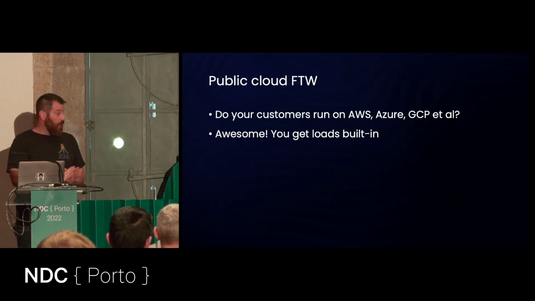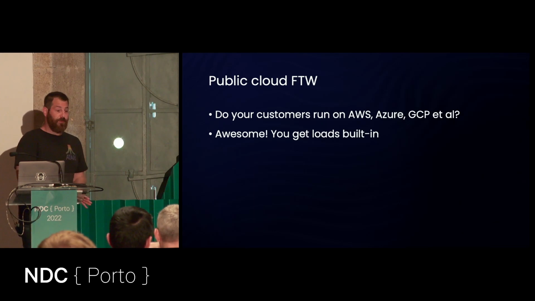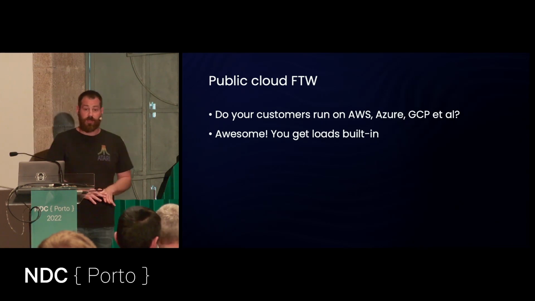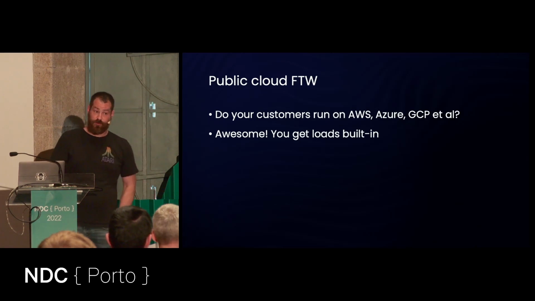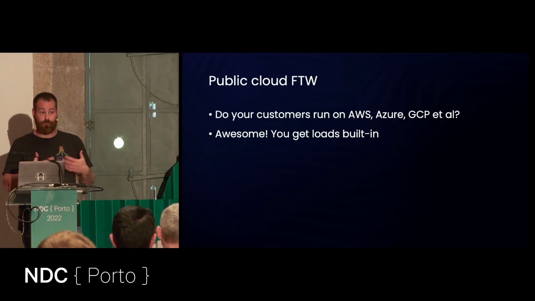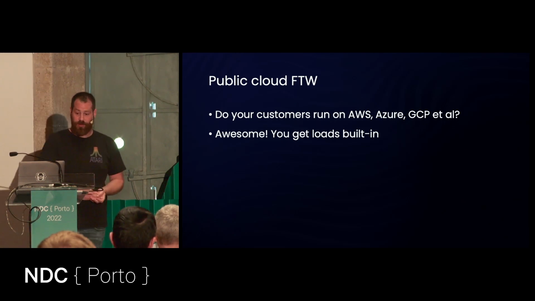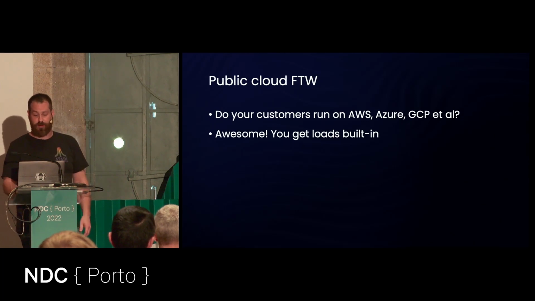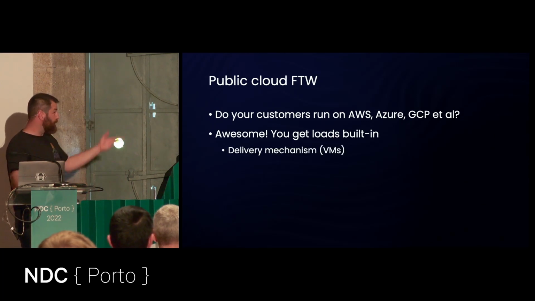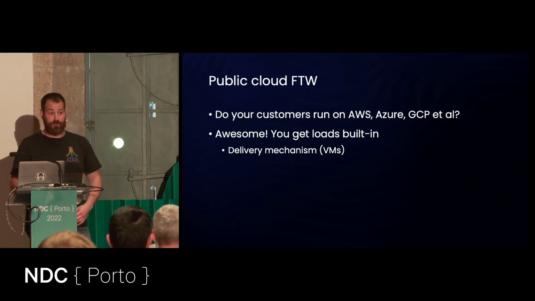Now, your customers may or may not be running on a public cloud. If they are, that's a huge benefit to you as a software vendor, even if you don't run your own software. Even if you run on-prem, but on a cloud somewhere, that gives you an amazing set of tools to work with right out of the box. So for instance, a delivery mechanism, as explained before.